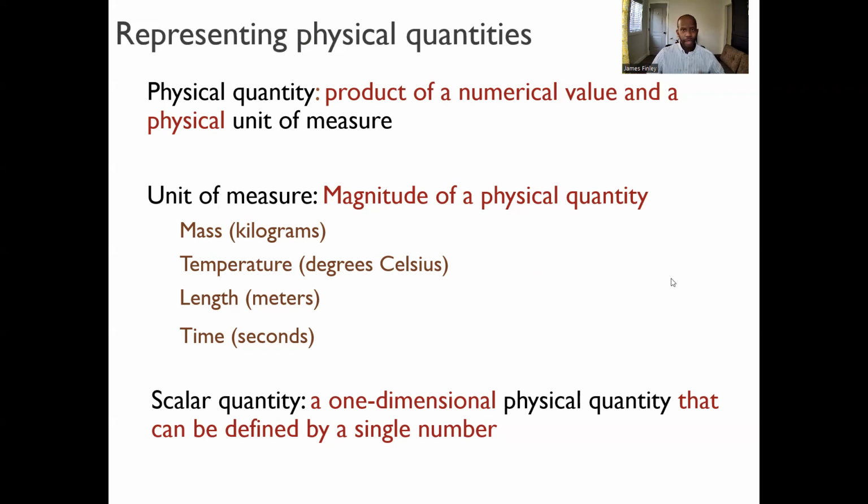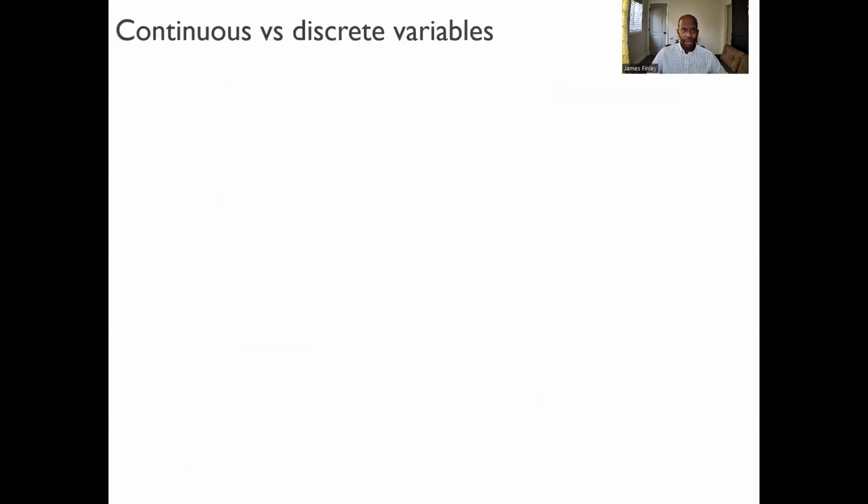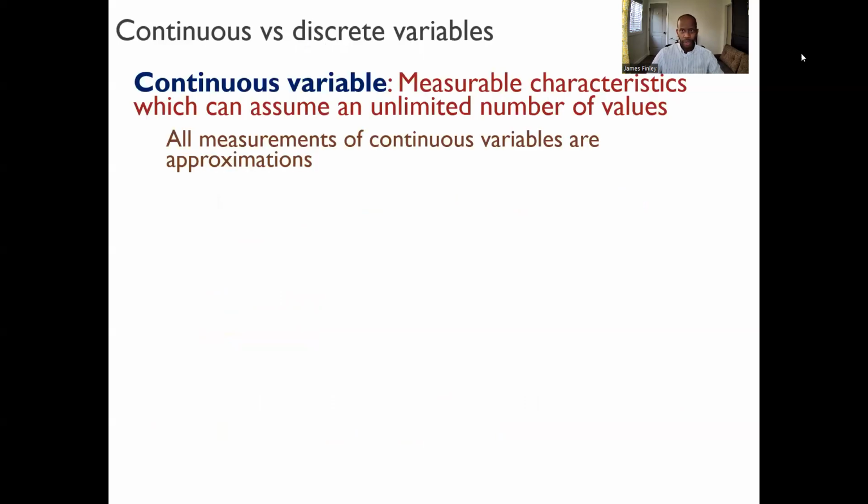For any of these physical quantities or constructs or things that we measure, when we capture our variables, we can represent them as either continuous or discrete variables. A continuous variable is one that can take on an unlimited number of values.